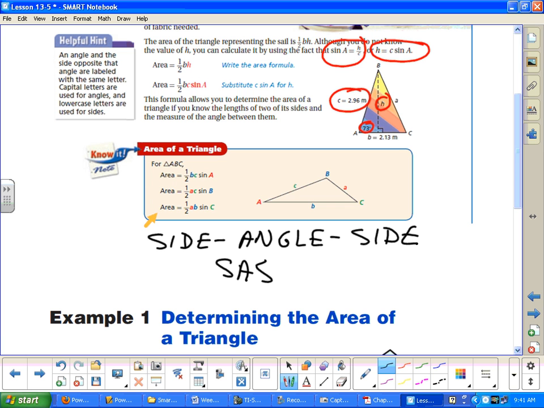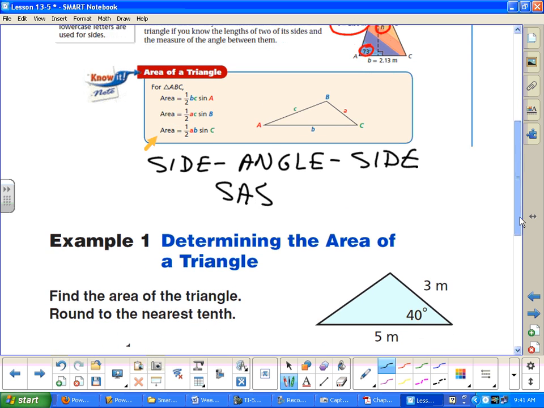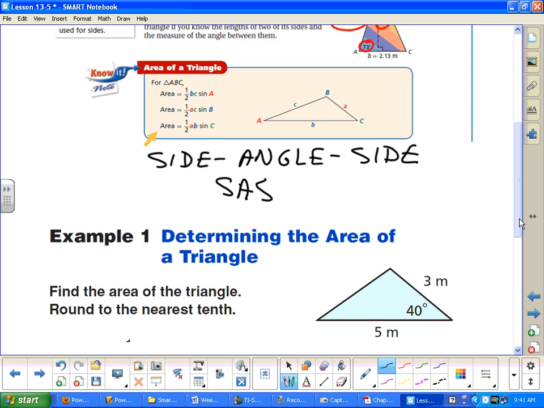We just do 1/2 times one side times the other side times the sine of the angle. So the letters don't make that much difference. It's the fact that I know 2 sides and the included angle, and I'm just going to find the area of the triangle by using that method.